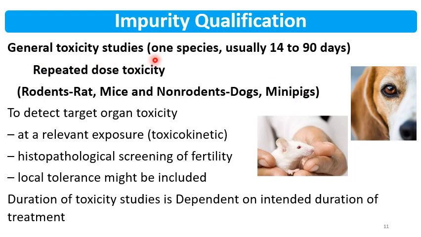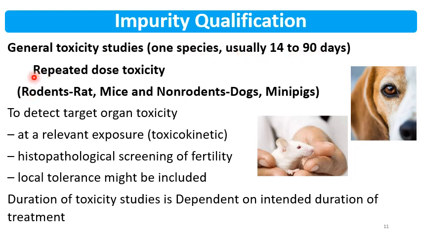General toxicity studies involve the use of one species, usually 14 to 90 days, and this is to be judiciously justified based on the intended patient population and the duration of use.